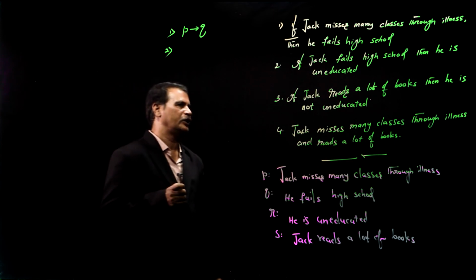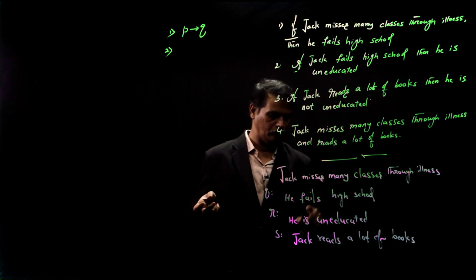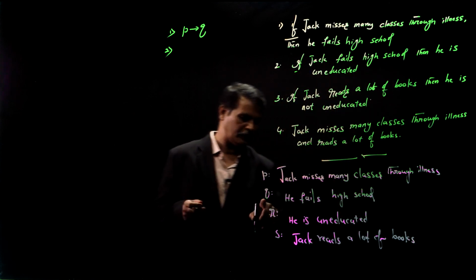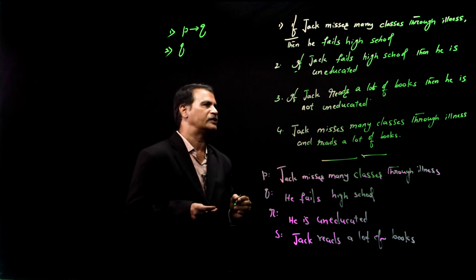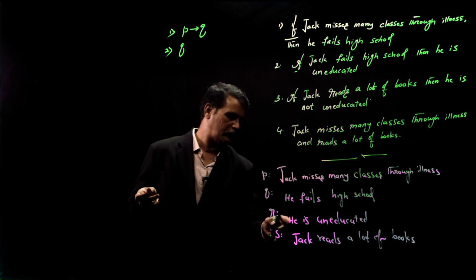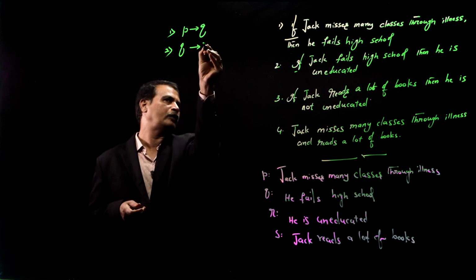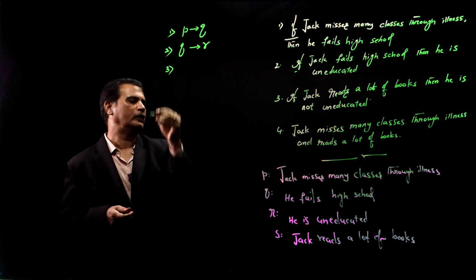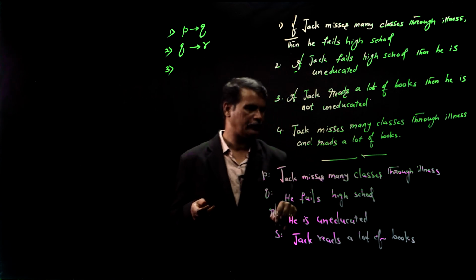Come to the second statement. Again it starts with if. If Jack fails high school, Jack fails high school is represented by Q. If Jack fails high school, then he is uneducated. He is uneducated is R. Third one, if Jack reads a lot of books, again it starts with if.